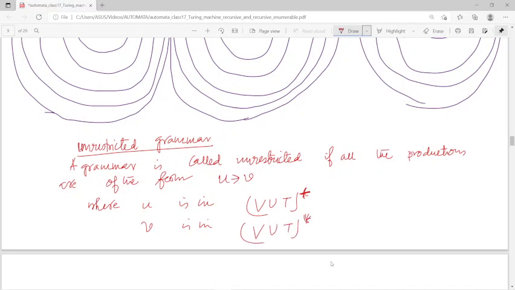That means there is no restriction, but the left hand side should be some non-terminal, and the right hand side should be a combination of terminal and non-terminal.